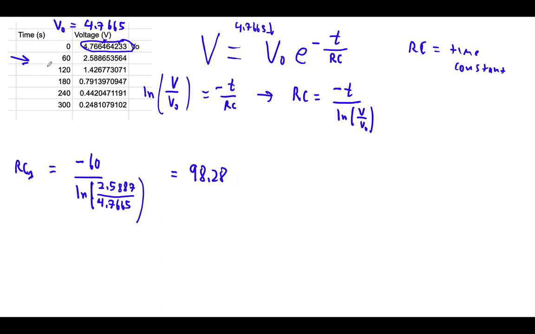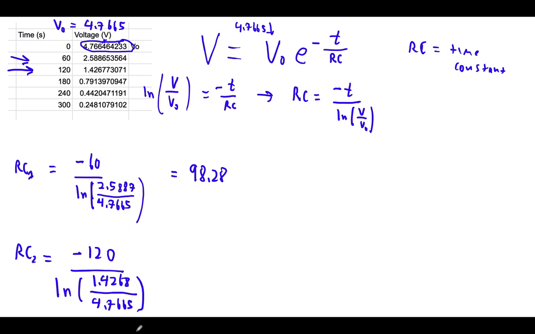All right, and now let's figure out the next one. This will be this guy here. So RC2 is going to be the opposite of, here's my time is 120, right? So the opposite of 120 divided by the natural log of, well, let's see, it's 1, let's round it to this place. So 1.4268. Divided by, and then this is always 4.7665.